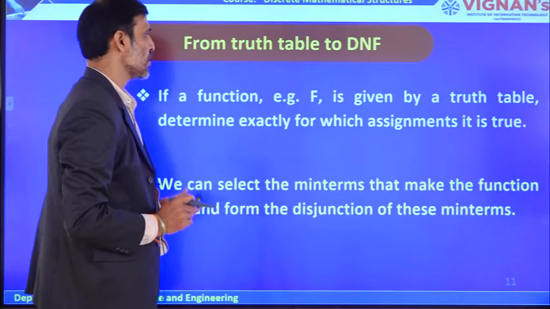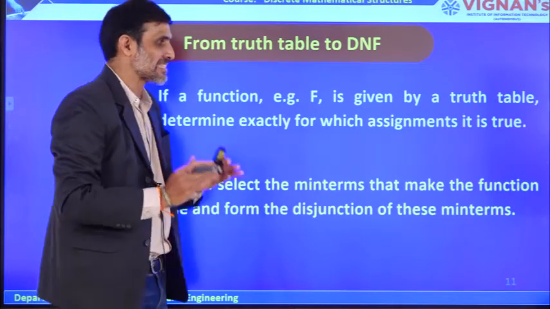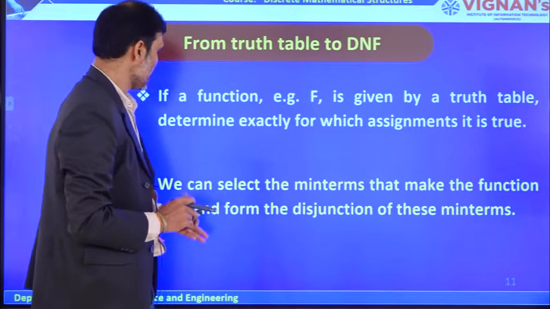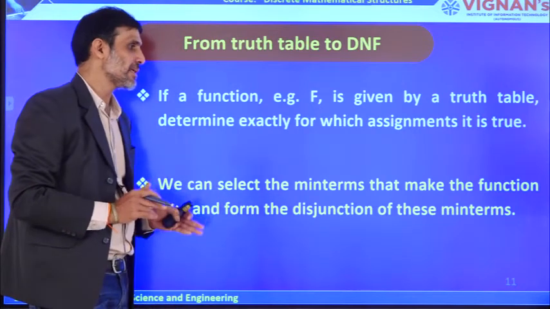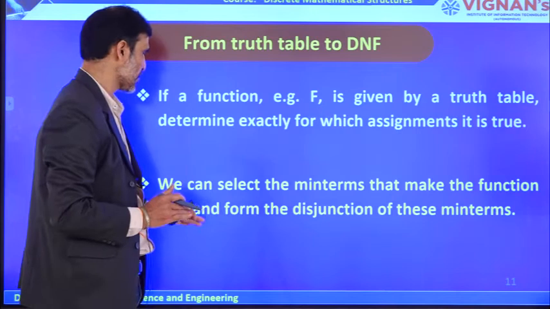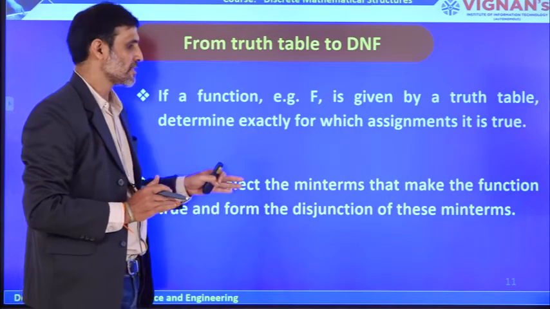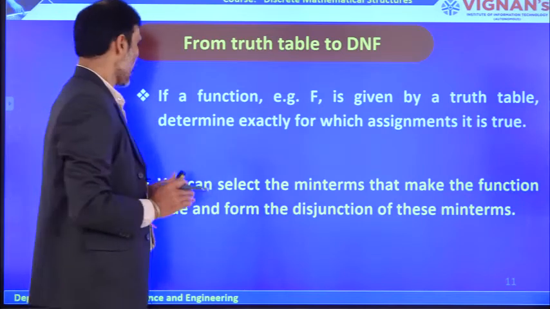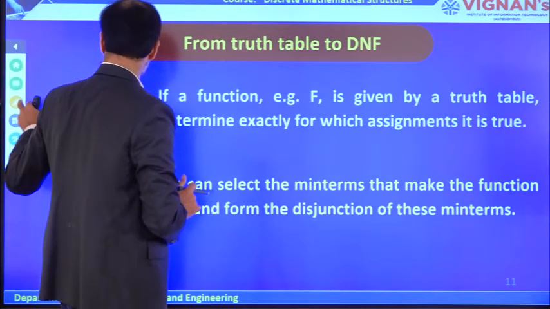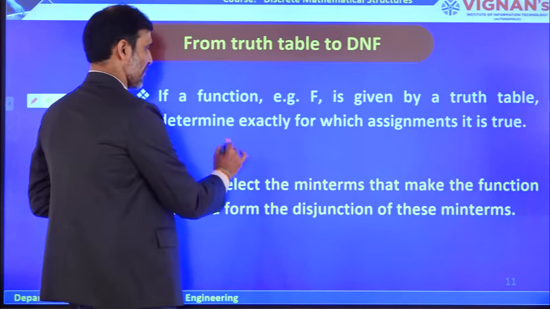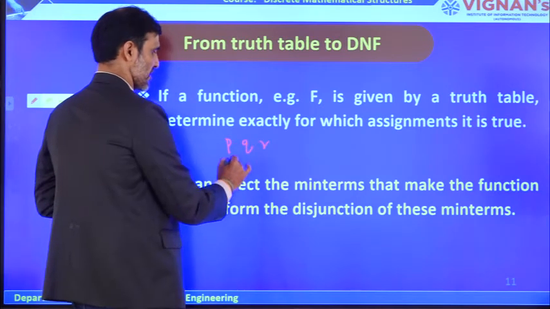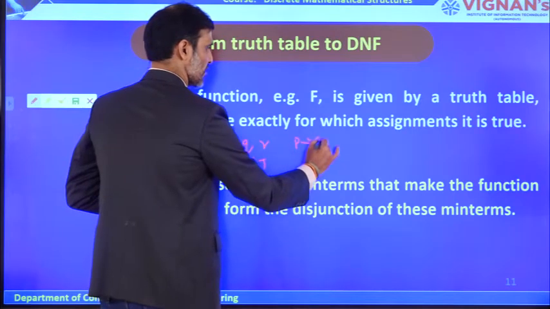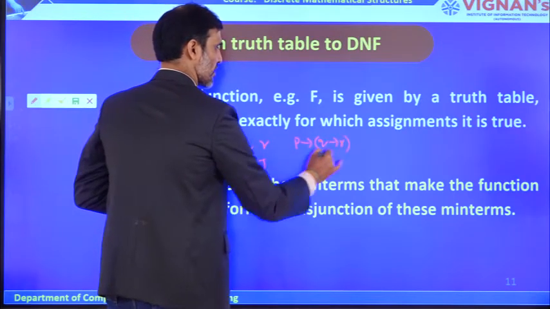Now, once you consider the assignments for which it is true, what we need to do is select the minterms that make the function true and form the disjunction of these minterms. So how do we do that? Suppose for the assignment P, Q, R equal to true, true, true, P implies Q implies R is true.